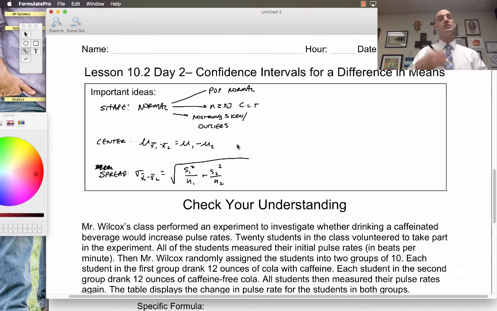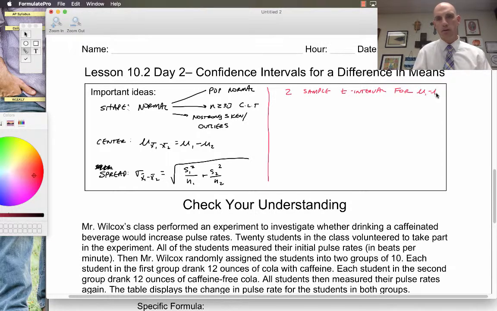Now, when we actually do this, the name of the test, I'm going to put it in red actually, is called a 2-sample t interval for mu1 minus mu2.